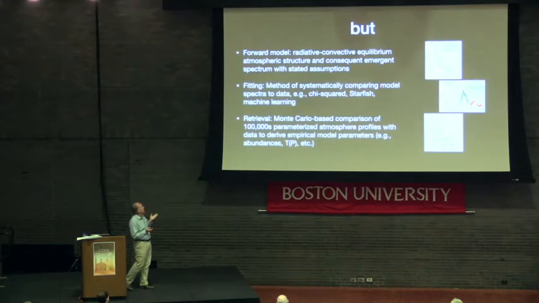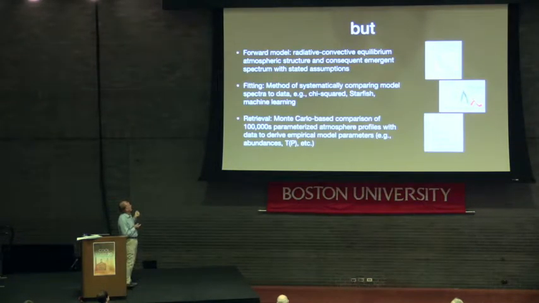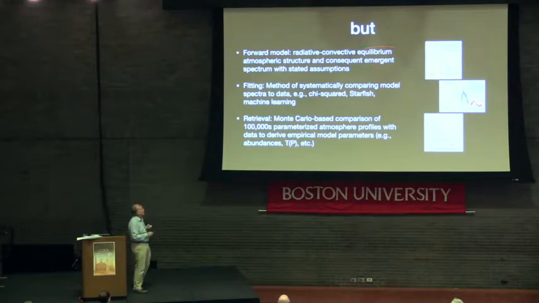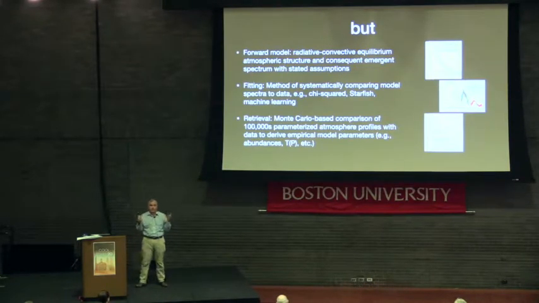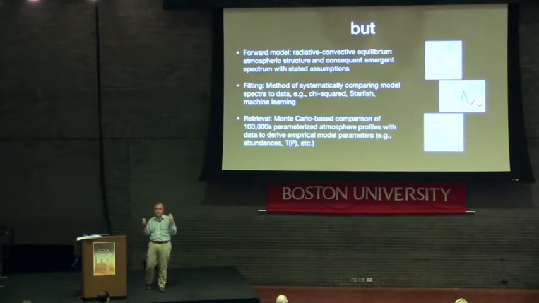So first of all, a little bit of what I mean by the terminology. Forward models are using our best understanding of the atmosphere, radiative convective equilibrium, opacities, putting it all together, predicting what the temperature profile and the emergent flux looks like.